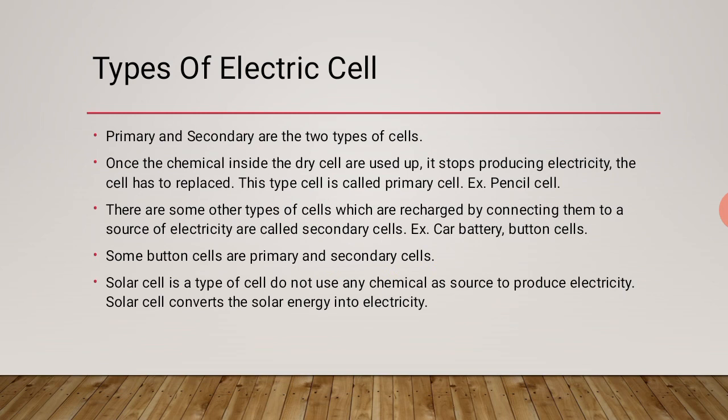Solar cell is another type of cell which does not use chemicals as a source to produce electricity. Solar cell converts solar energy into electrical energy.